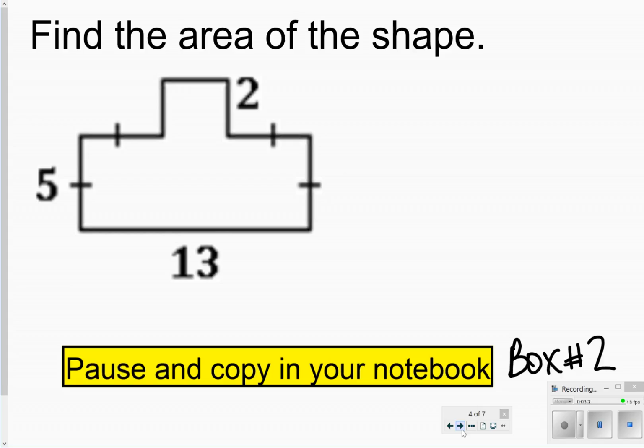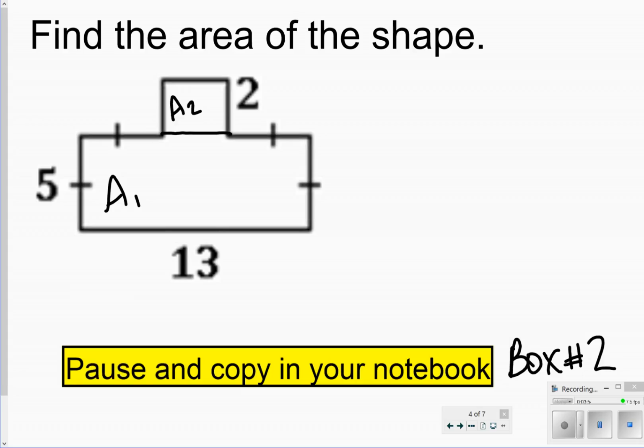Great. Let's look at this shape. This will be in box number 2 of your math notebook. Again, you can cut this in several different ways, but for me, the most obvious way is to create a line right there. And we have area 1 and we have area 2.